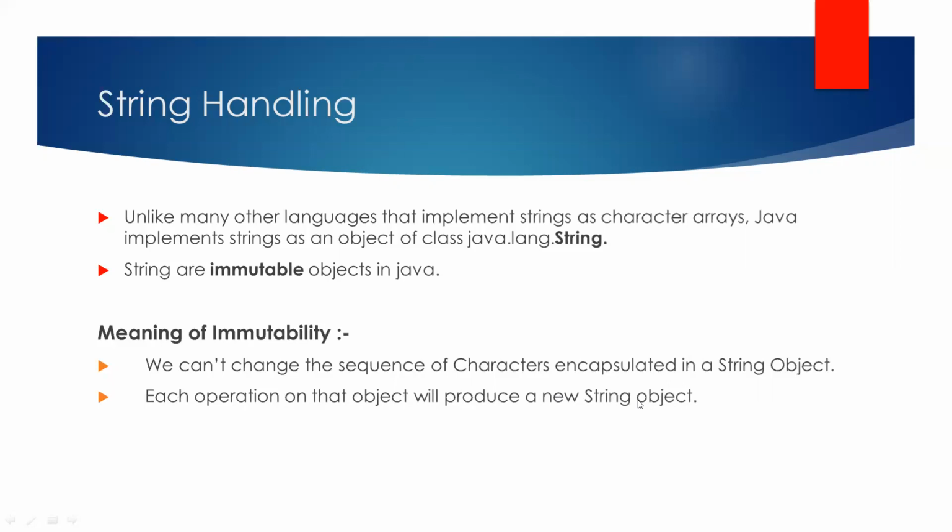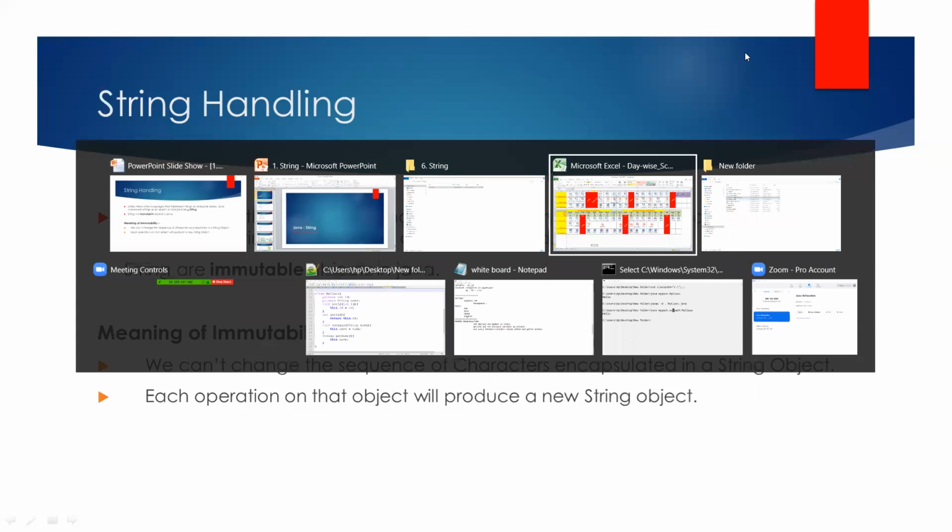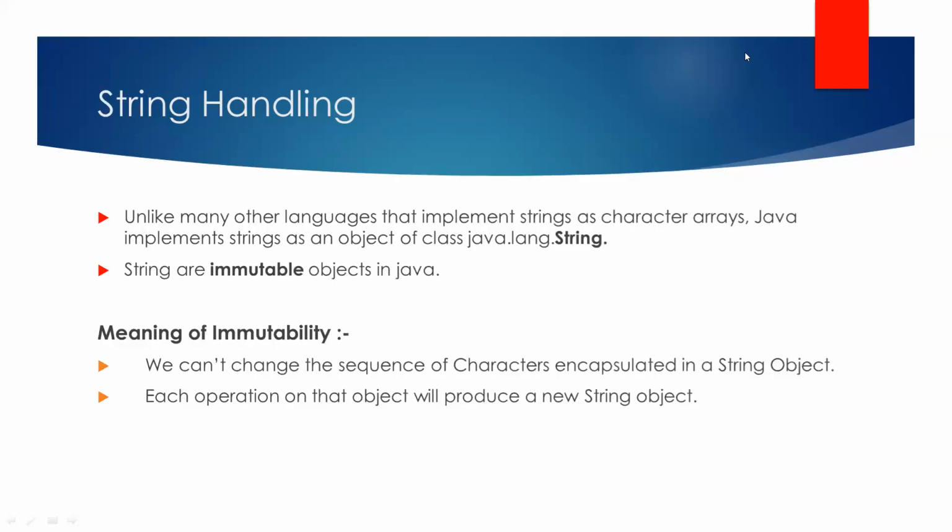So when you perform the operation, it will create a new string object. I hope this statement is clear now, what is meant by immutability. We'll see it with an example also.